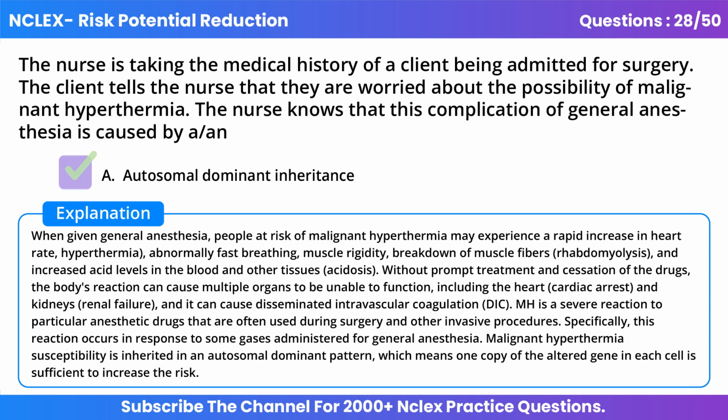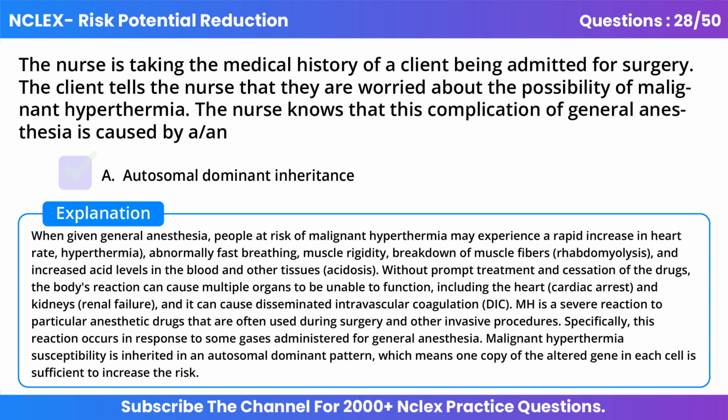When given general anesthesia, people at risk of malignant hypothermia may experience a rapid increase in heart rate, hypothermia, abnormally fast breathing, muscle rigidity, breakdown of muscle fibers, rhabdomyolysis, and increased acid levels in the blood and other tissues, acidosis.